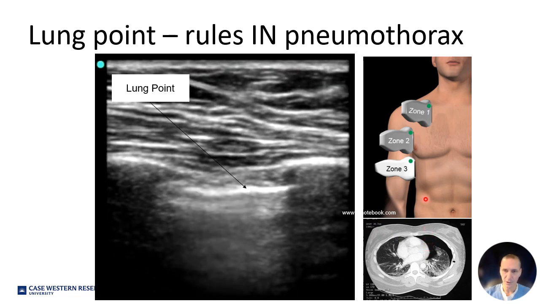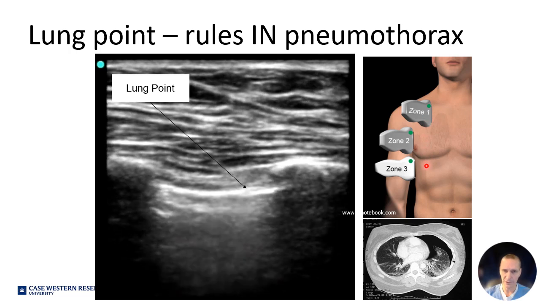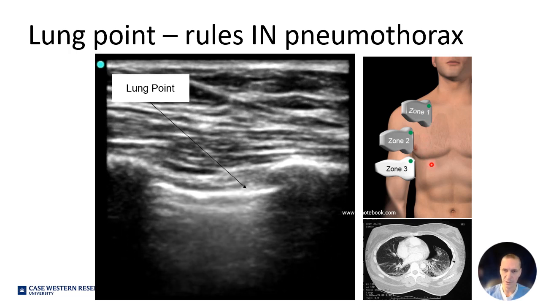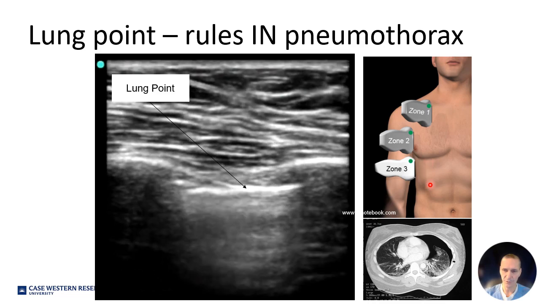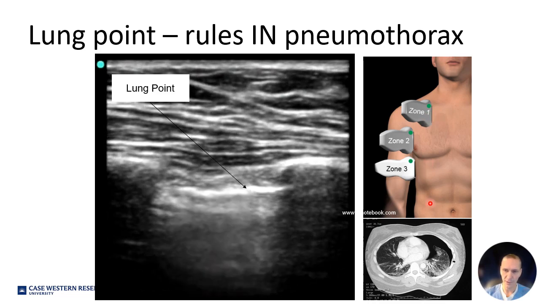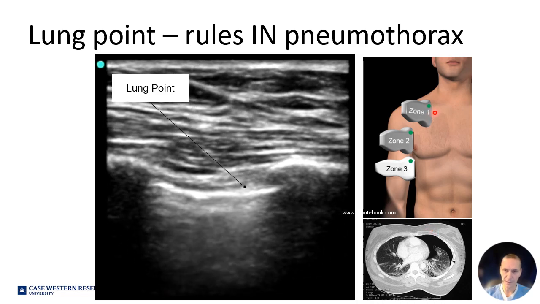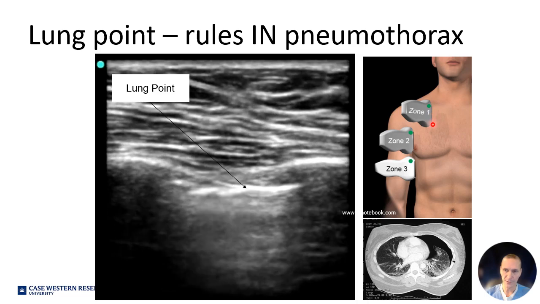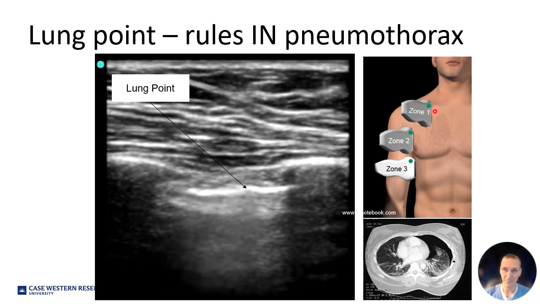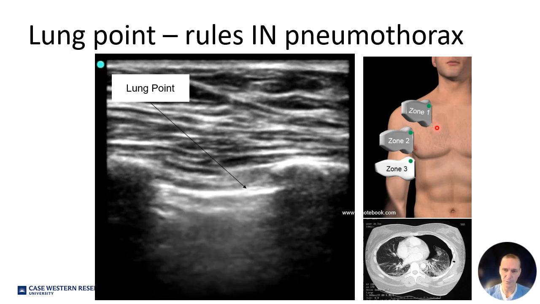However, if you're trying to quantify the size of a pneumothorax, you can use what are called zones. Now, these zones are labeled differently in different textbooks, but the concept here is what's important. So if you put the probe on the thorax up here and there's no lung sliding, you're going to say, maybe there's a pneumothorax there. And then the next question is, how big is this pneumothorax?